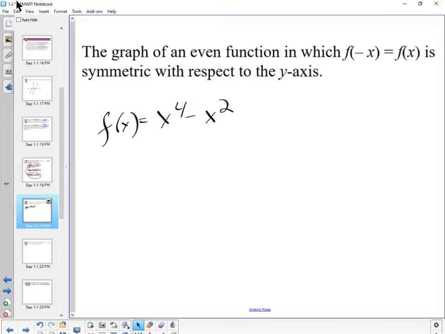If you plug in a negative x and everything changes, then it's odd. If you plug in a negative x and something's changed and something hasn't, then it's neither.